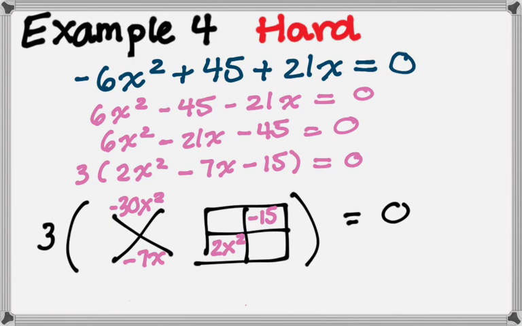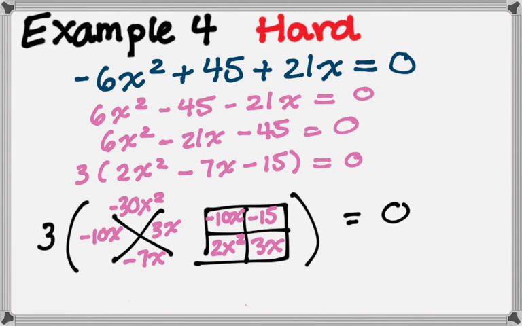5, 10, and 3. 10 and 3. So if I had negative 10x and positive 3x, those add up to negative 7x and they multiply to negative 30x squared. Super. Okay, so I'm going to plug in negative 10x and 3x. And now I have to figure out the factors.